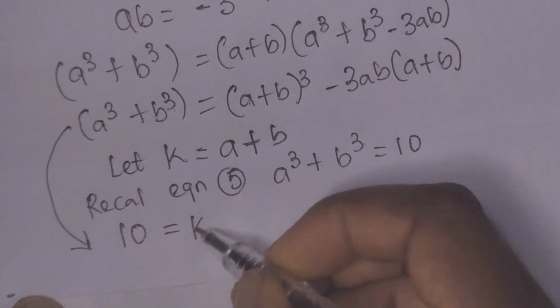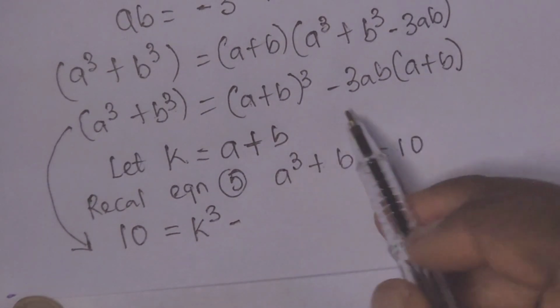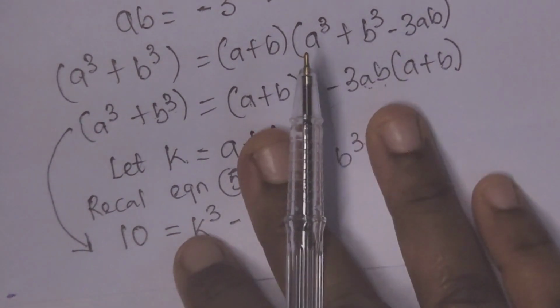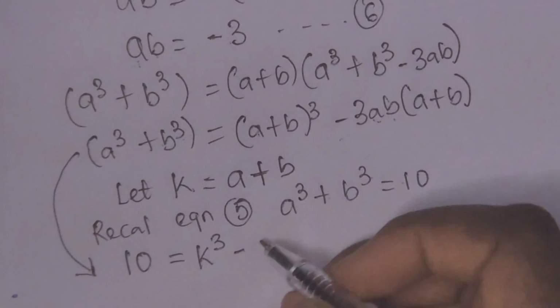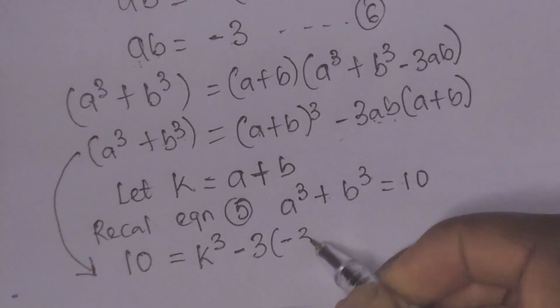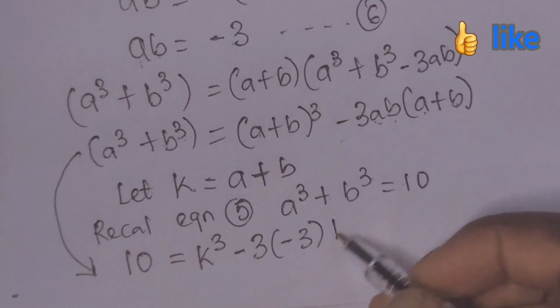So we have k to the power of 3 minus, remember our a times b is minus 3. So we have minus 3 brackets minus 3, and our a plus b is k. So this is k.